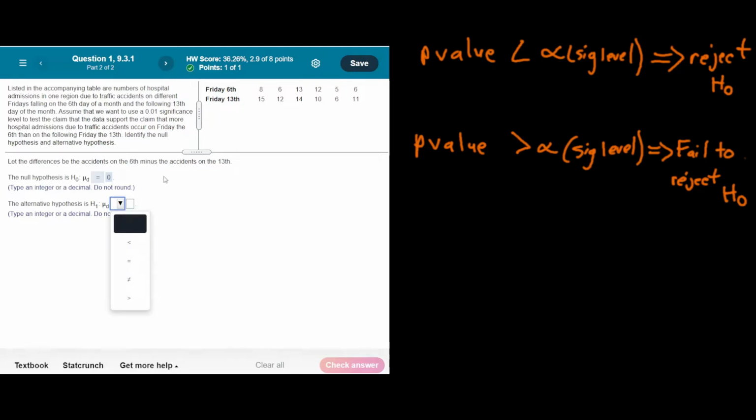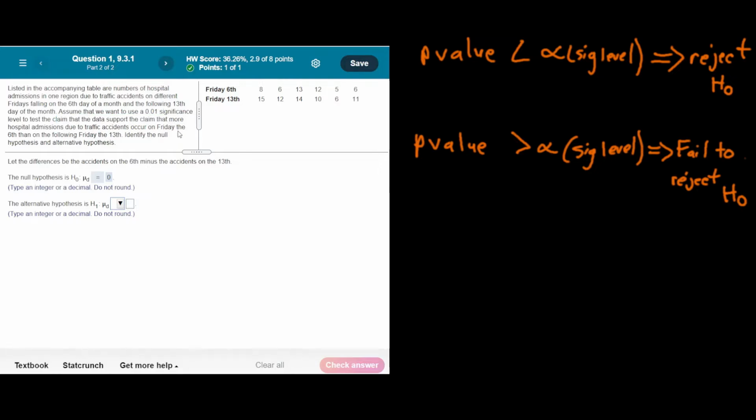So let's go ahead and read the passage. It says, listed in the accompanying table are numbers of hospital admissions in one region due to traffic accidents on different days. Let's test the claim that the data support the claim that more than, okay, here's what we're looking for right here.